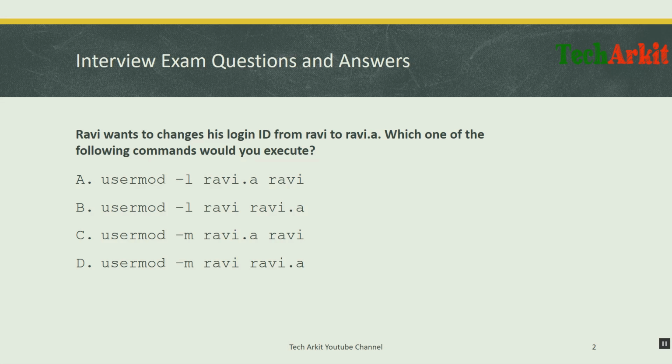Option A is usermod -l ravi.a Ravi, option B is usermod -l Ravi ravi.a, option C is usermod -m ravi.a Ravi, and option D is usermod -m ravi.a.